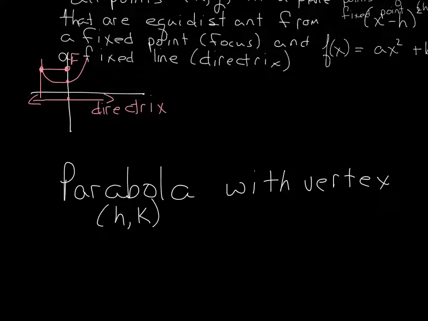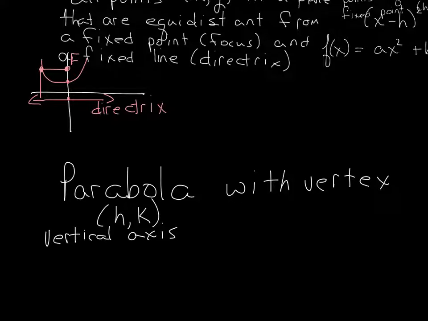Usually we'll use h and k for center or vertices. This is for a vertical axis; it opens up or down.